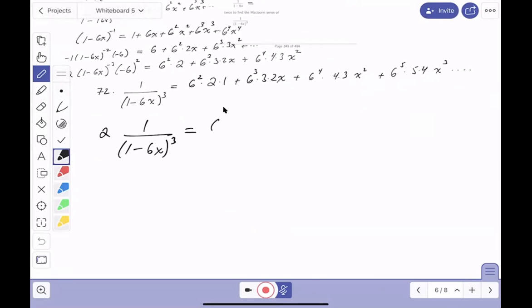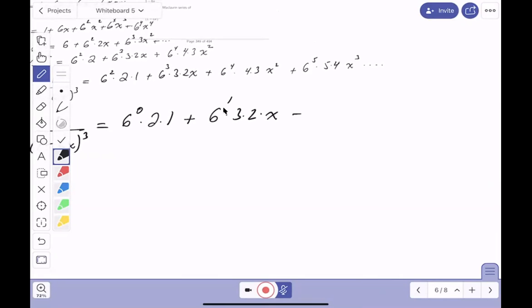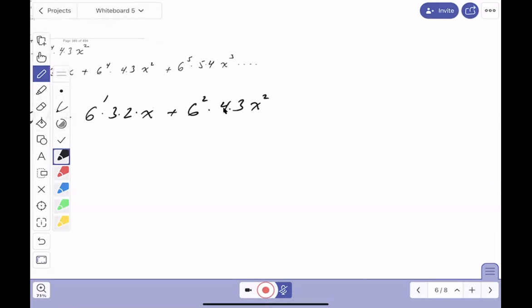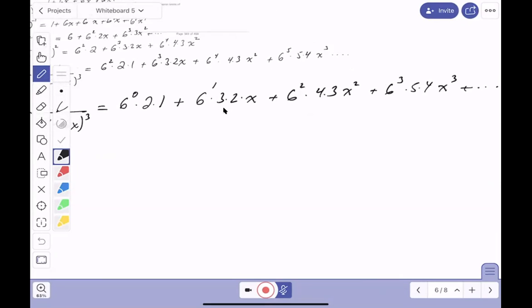Well, I would get 6 to the 0, 2 times 1, plus 6 to the 1, 3 times 2, plus 6 squared, 4 times 3, x squared. That would be 6 cubed now, right? 5 times 4, x cubed. And yada, yada, yada, and so on in order there.